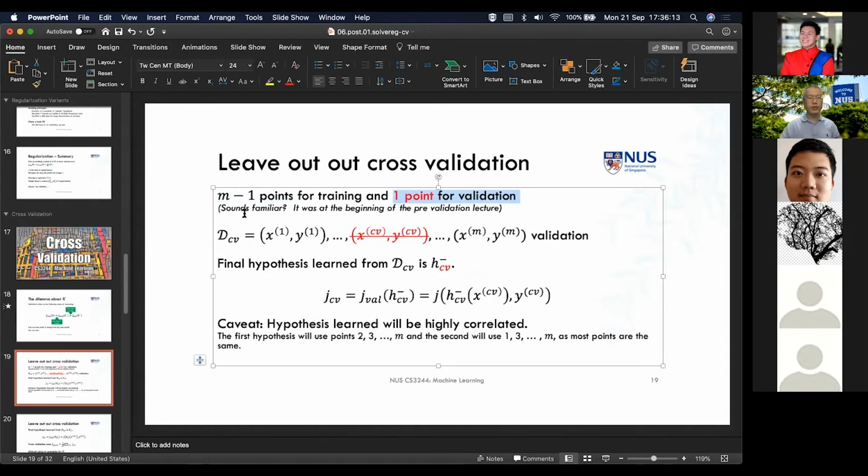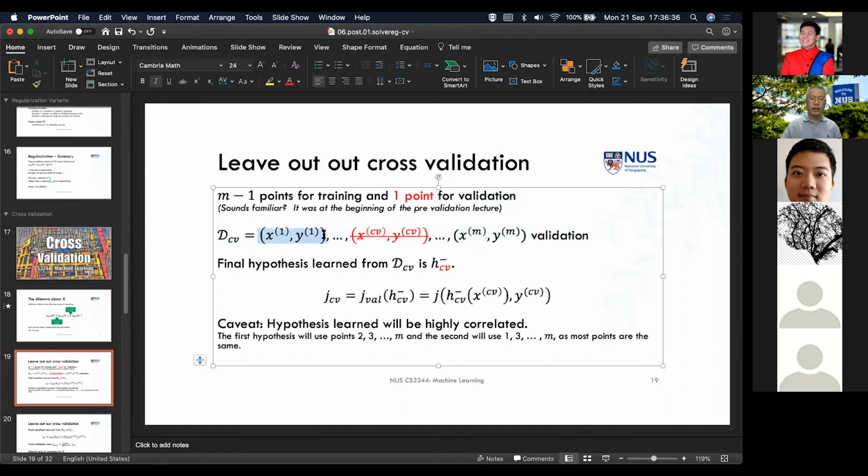So what we're going to say is, well, we could rotate this point. It doesn't have to be the last point in the data set. It could be the first point. It could be the second point. It could be all of the m points. So that's what I'm going to do, okay? So I'm going to create a data set, okay, which is going to be called my cross-validation data set. It's particular to that particular point.